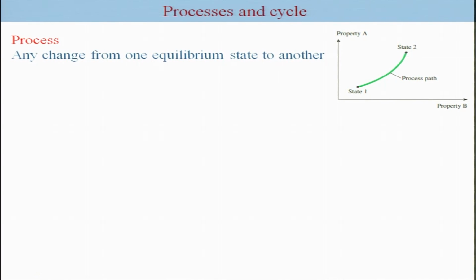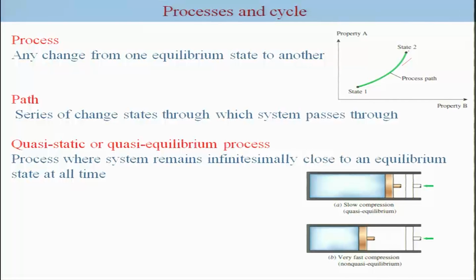From state 1 to state 2 there is a change, and this change is drawn by this green line. This is called the process path. We could show this green line for an equilibrium or quasi static or quasi equilibrium process, that means a very slow process. For a very fast process we cannot show such a change on the process diagram. So, this is a path.